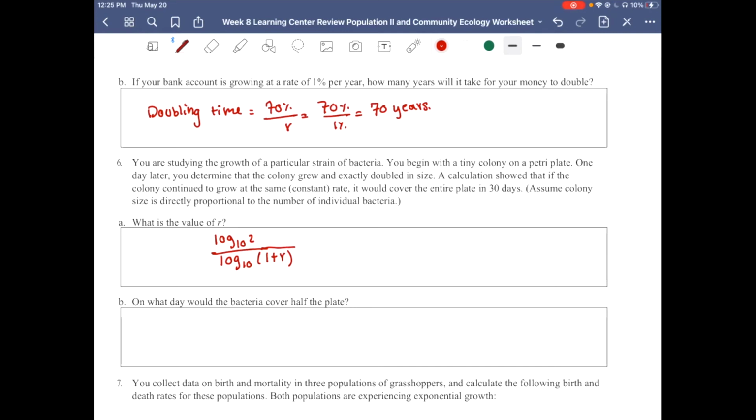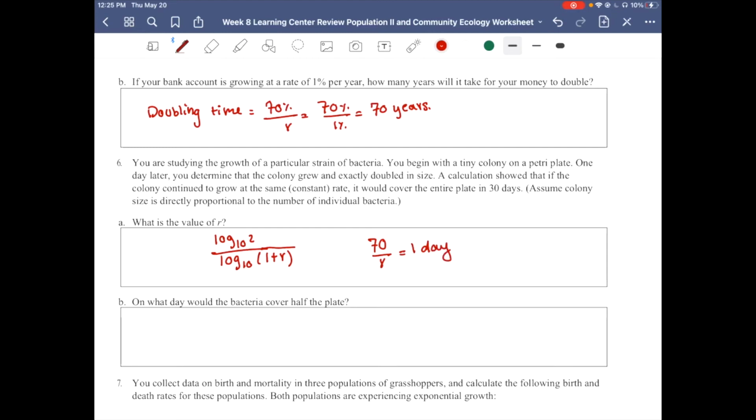And then the value can be estimated, and we know that there's 70%. So from part B of 5, we took 70 and divided by the percent it increased over time. So again, we can assume that 70% over R equals 1 day.